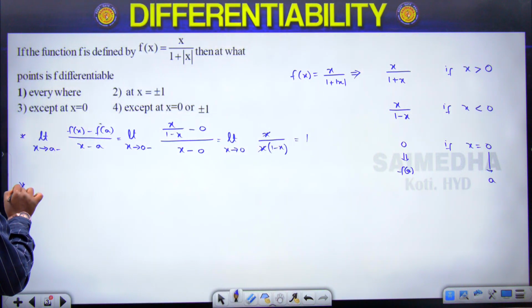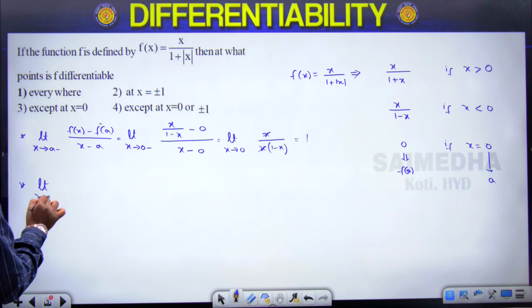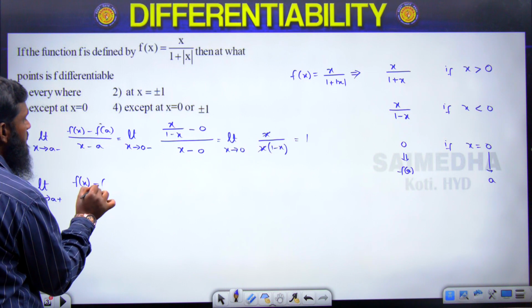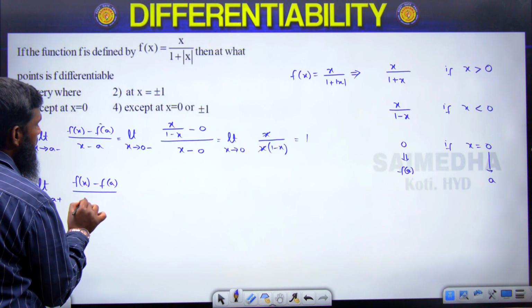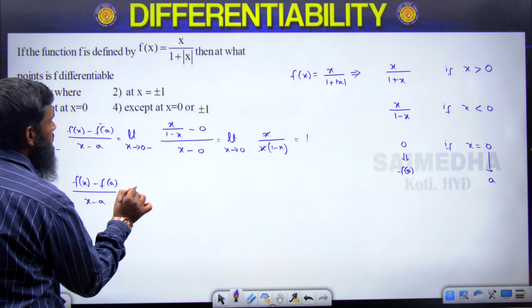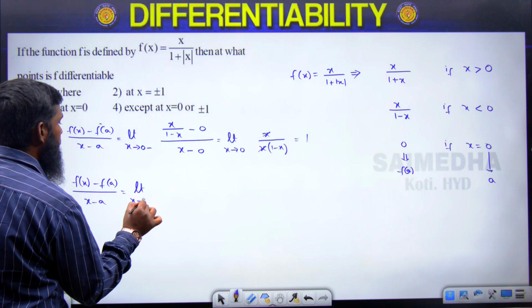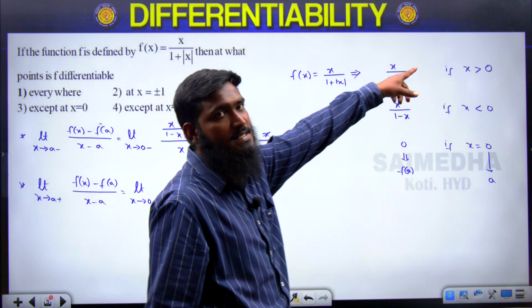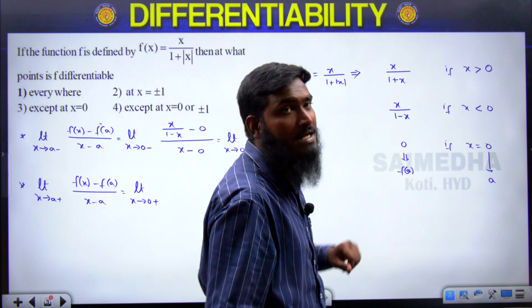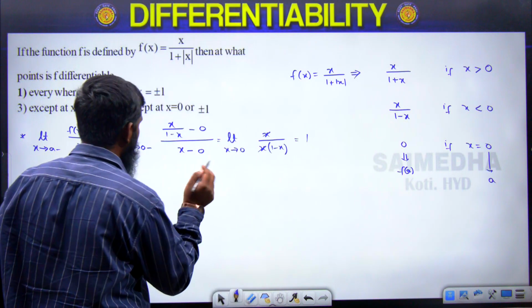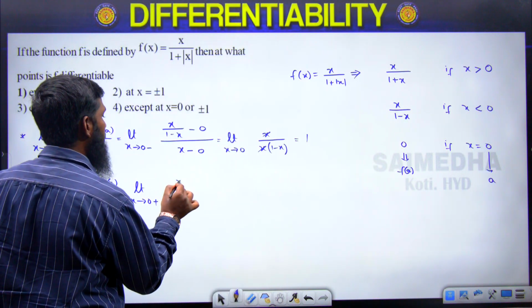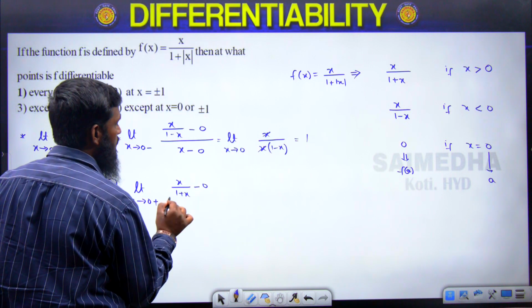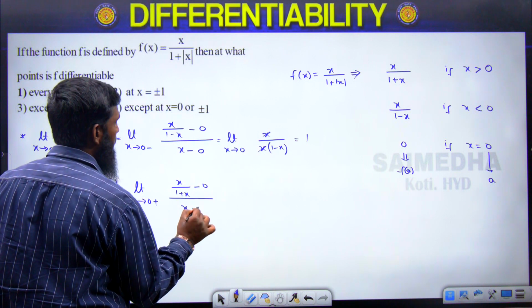Now next value, limit x tends to a plus of f of x minus f of a divided by x minus a, which is equal to limit x tends to 0 plus. For 0 plus, we take the function as x by 1 plus x, so x by 1 plus x minus f of a, which is 0, divided by x minus 0.